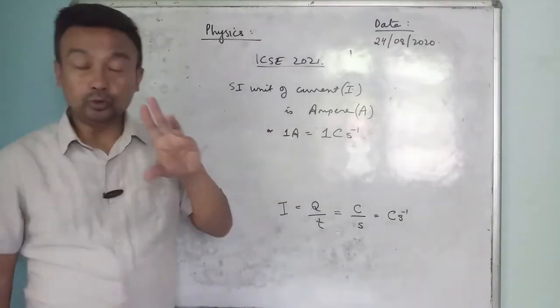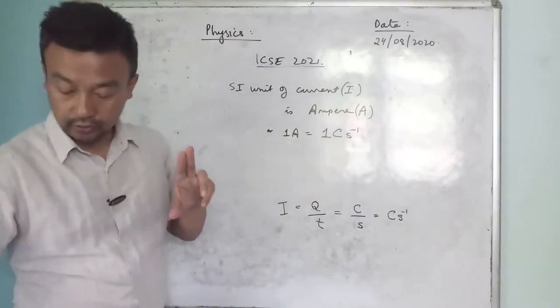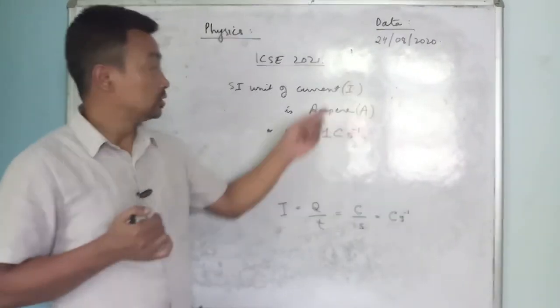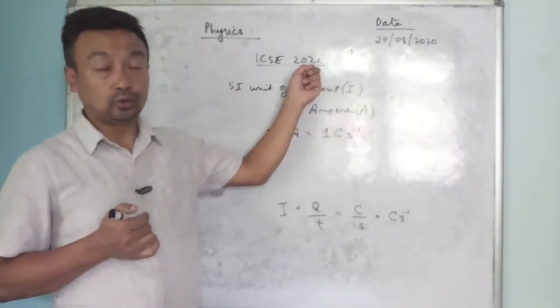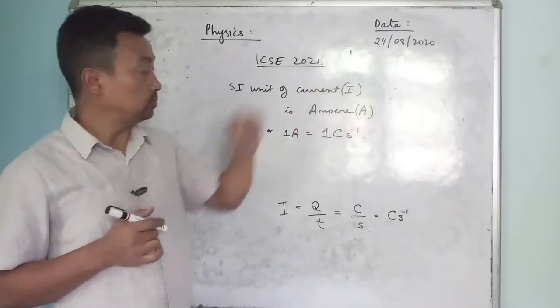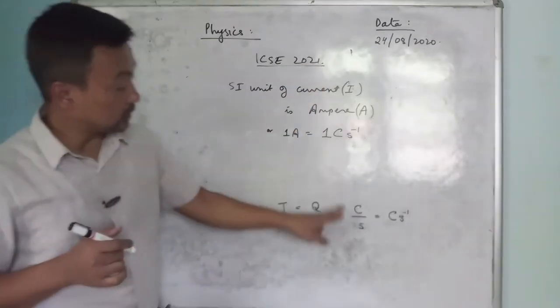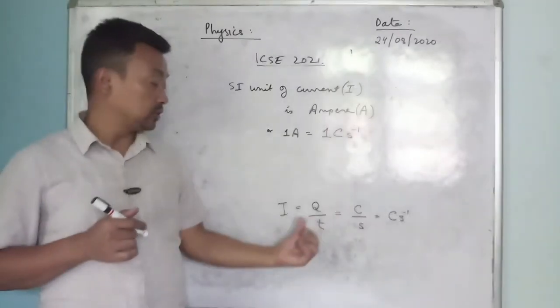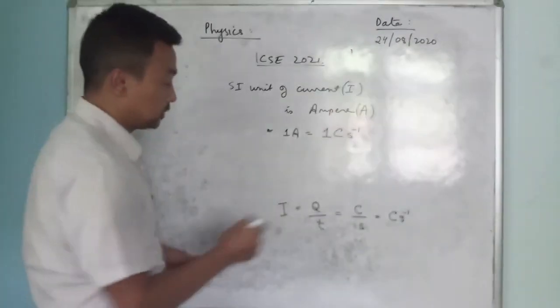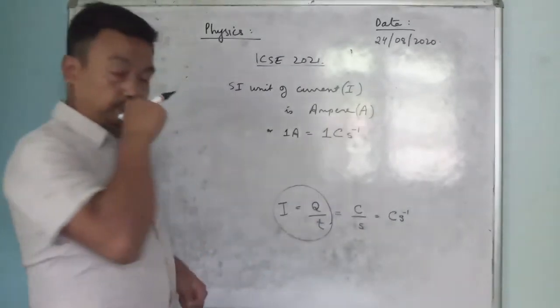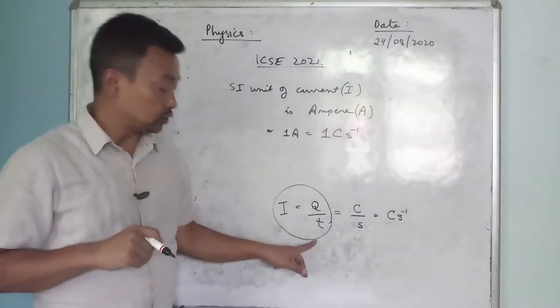Alright, so we have studied two topics today. First, the charge, whose unit is capital C, that is coulomb. Second, the current, whose formula is Q by t, charge upon time.